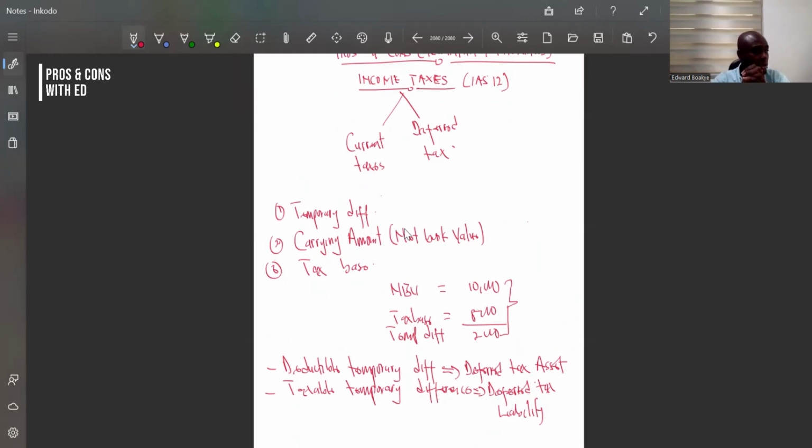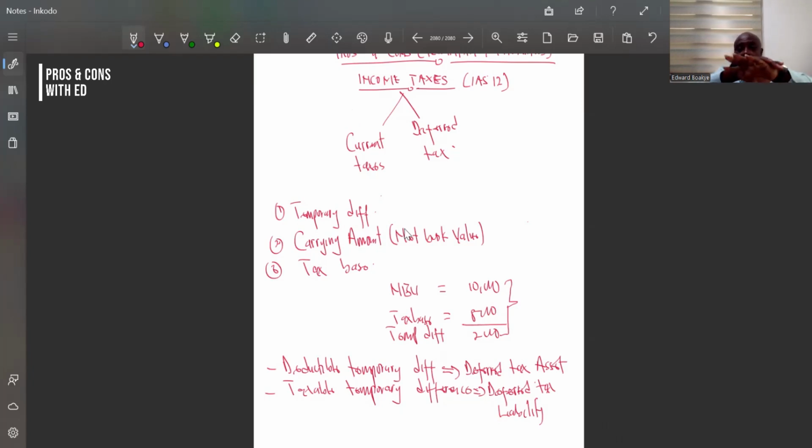What about a deferred tax liability? A liability is something that we need to pay. So we have to recognize it as a liability in our financial position.